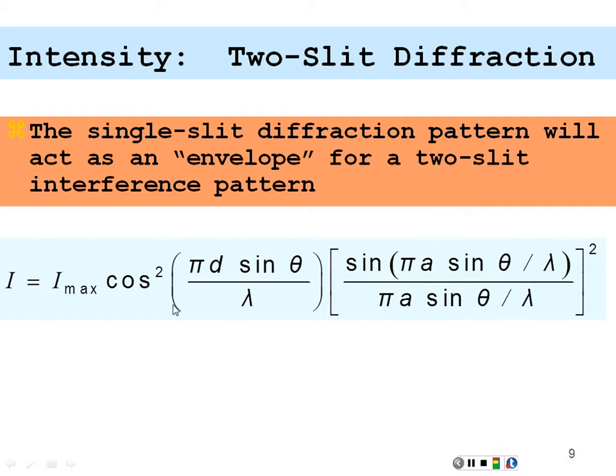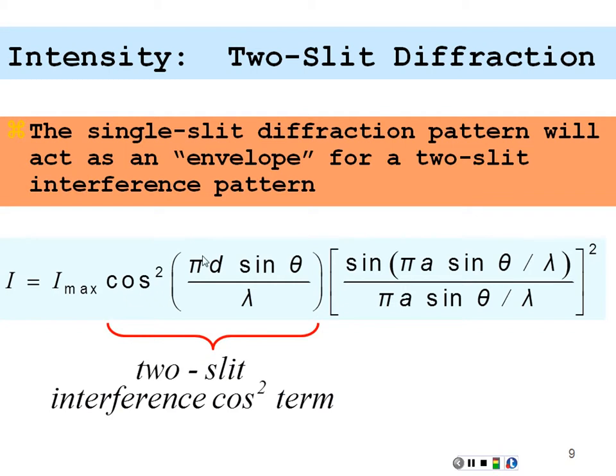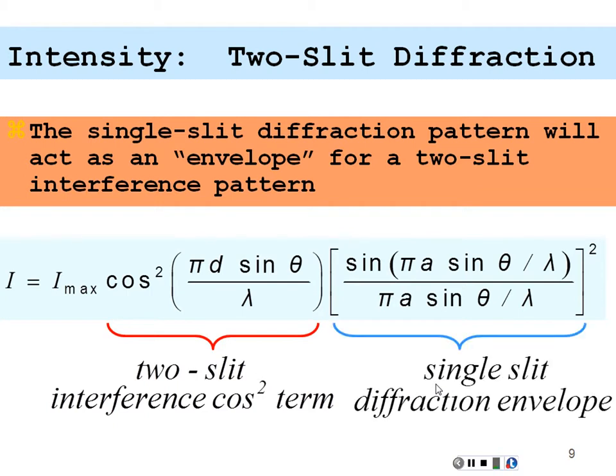Hence our intensity will be equal to the intensity of the double slit pattern, which was a cosine squared term, pi d sine theta over lambda, d being the separation distance between the slits, and then we have our single slit term, the diffraction envelope, related to the sine squared of pi a sine theta over lambda, a being the width of the single slit.